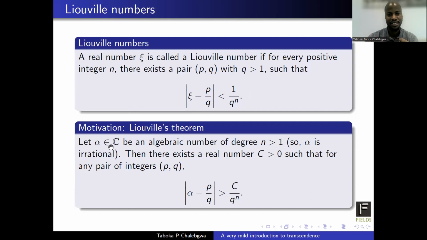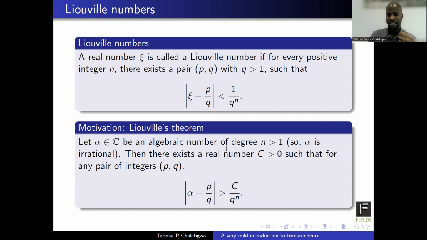So let alpha be a real number that is an algebraic number of degree greater than 1. I think this is the first time in our talk we are encountering the concept of the degree of an algebraic number. But it's not a difficult concept to understand. Well, the degree of an algebraic number is simply the degree of the polynomial whose root is that algebraic number. It's not quite the formal and exact definition, but for purposes of our talk, to at least communicate the idea behind it, we will take that as our definition for now.